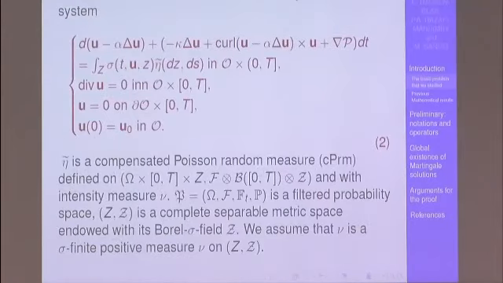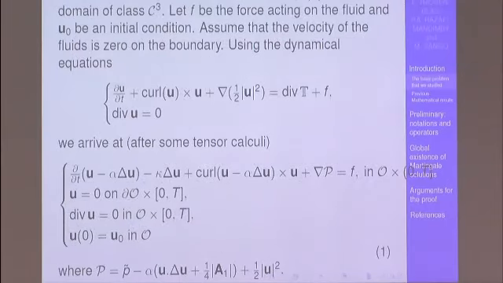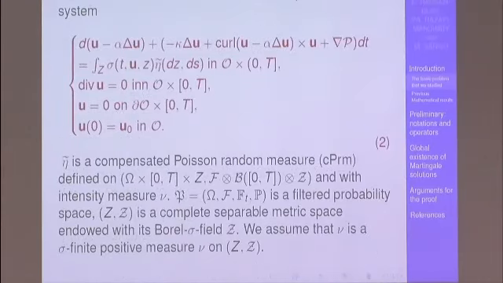What we want to do in this talk is to replace this force F by some random perturbation, which is described by this term. In this term, the eta tilde is a compensated Poisson random measure defined on this space.